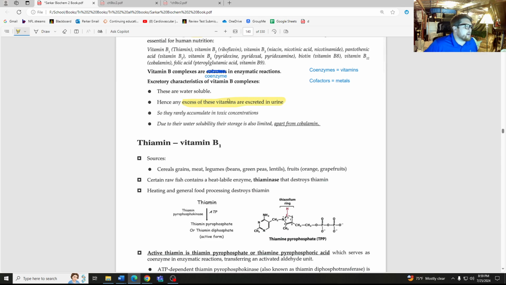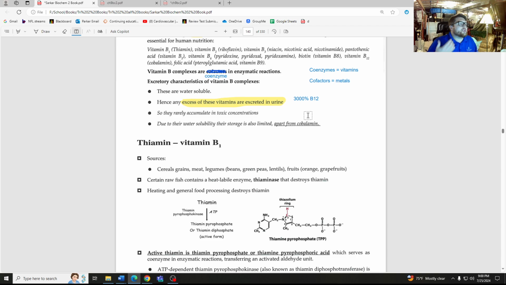If anybody has ever drank an energy drink, any kind of like 5-hour energy, anything like that, if you look at the actual label of it, it'll say something like 3,000% of your vitamin B12. And the reason why you can essentially what we call macro dose the B vitamins is because they're not going to accumulate in the body.